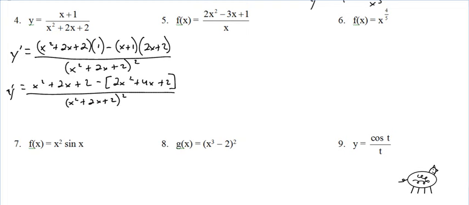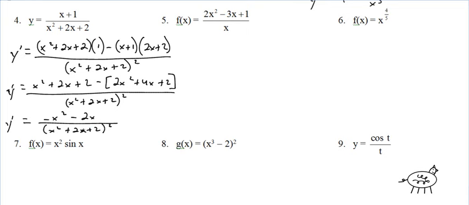And then if I distribute that negative and I combine like terms, I wind up getting negative x squared minus 2x all over x squared plus 2x plus 2 squared. Okay, that's your answer. Pretty easy.